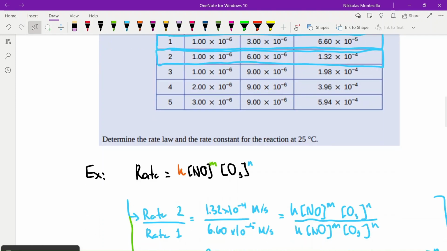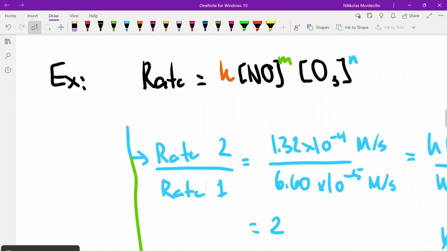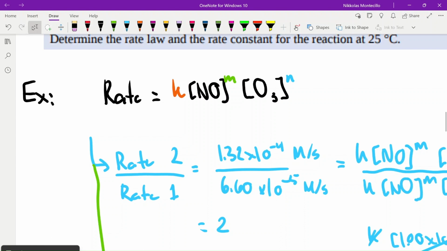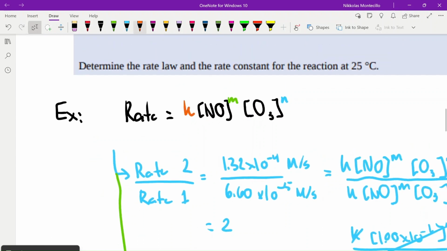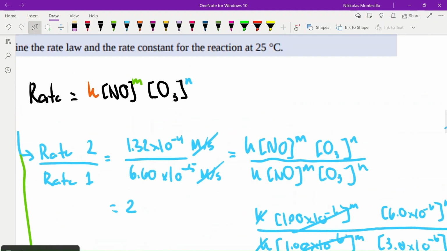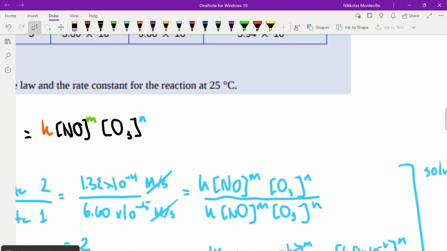Okay, so 1.32 times 10 to the negative 4 over 6.60 times 10 to the negative 5. It's clear that these units would cancel out, and these are the rate ratios.